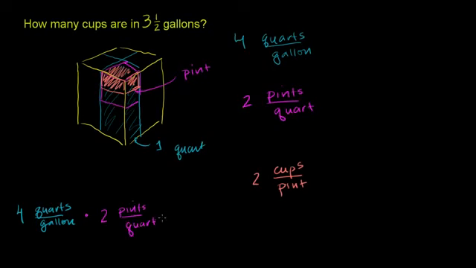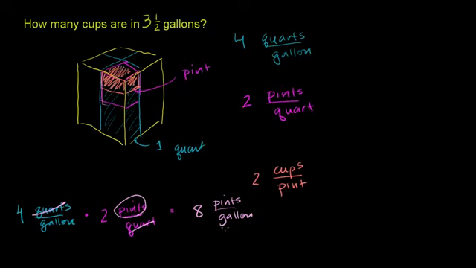This gives you 4 times 2 is equal to 8. And then the quarts cancel out, and you have 8 pints per gallon. That makes complete sense, because we had 4 quarts in this gallon, and each of those quarts has 2 pints in it. So 4 times 2, 8 pints per gallon.